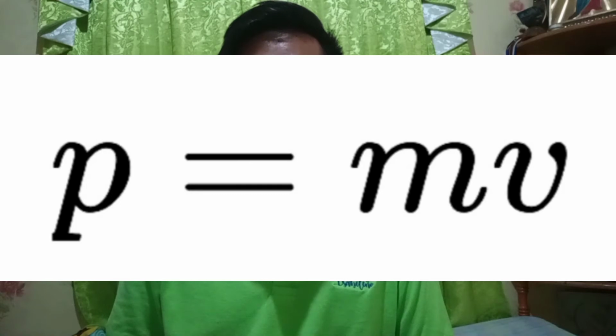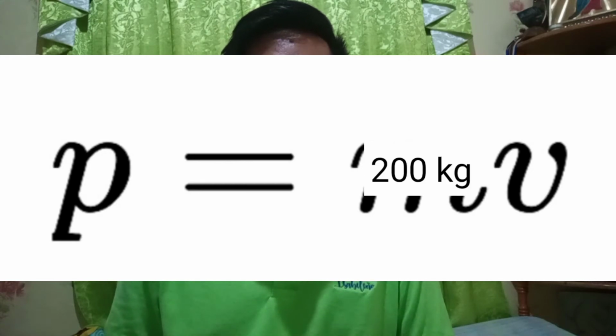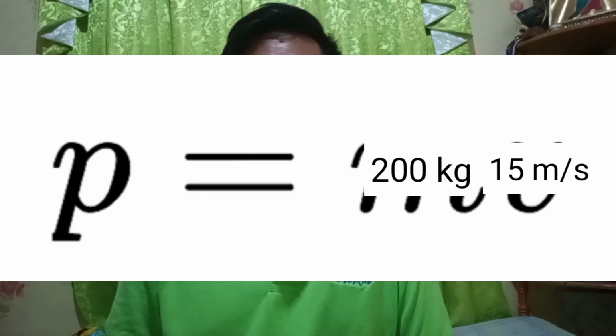Step number 3. Our working equation is P is equal to mv, or momentum is equal to mass times velocity. Step number 4. We are going to substitute now. M for 200 kilograms and V for 15 meters per second.